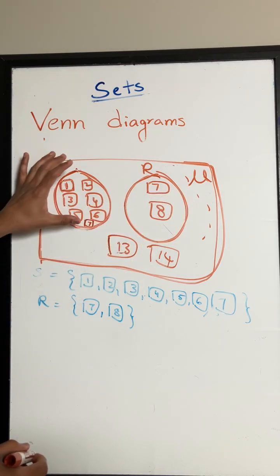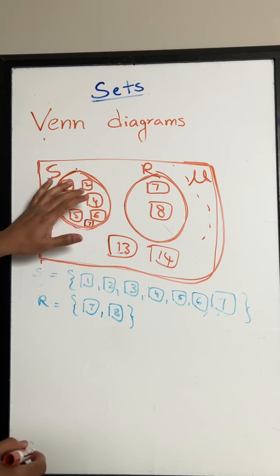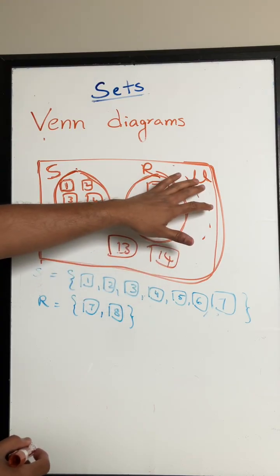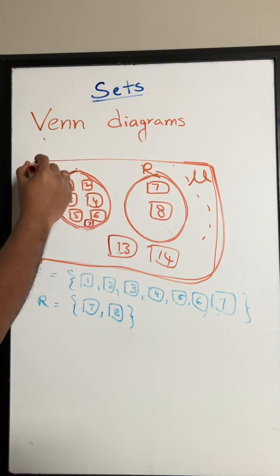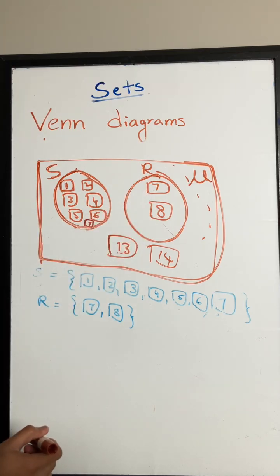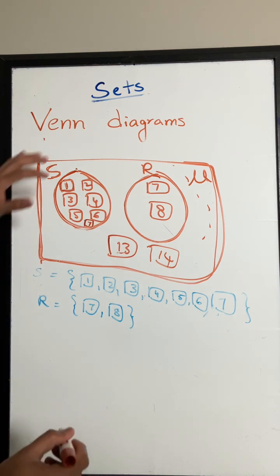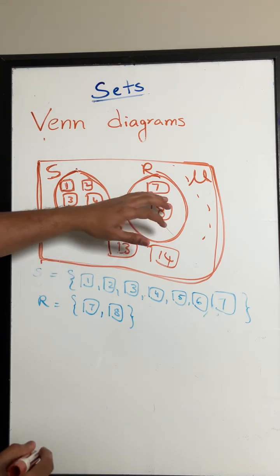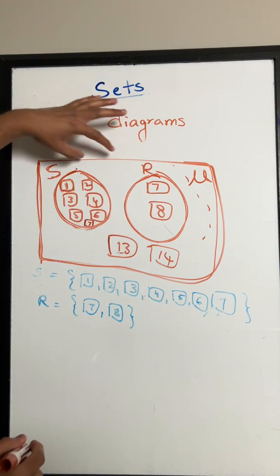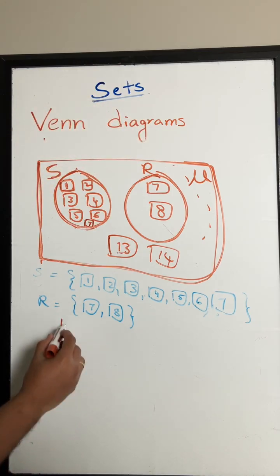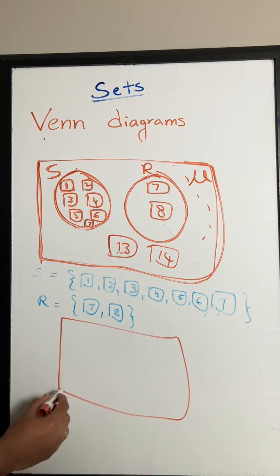If you represent individual sets, all unique elements, good. Ranga also has unique elements, good. But when you consider mu, which is also another set, the Indian Postal Department Service, there is 7, 7, duplicates are there. We can avoid the duplicates. How can we avoid the duplicates? Venn created a way to represent that. When common elements are there in two sets like mine and Ranga's, he said we can represent it in a different way.